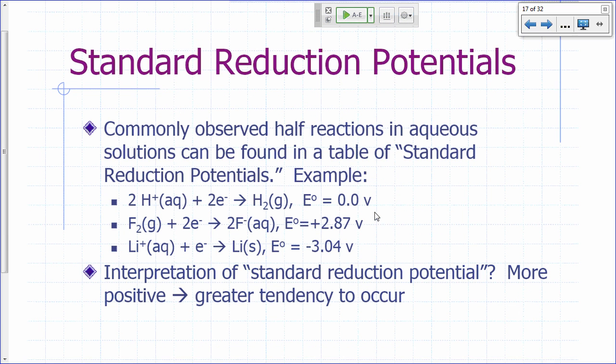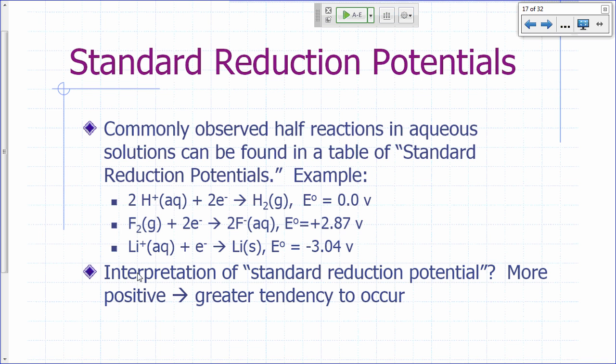Now, let's talk about standard reduction potentials. The most commonly observed half reactions in aqueous solutions can be found in a table of standard reduction potentials. You should have one in your textbook, and you should find a whole bunch of them on the internet.